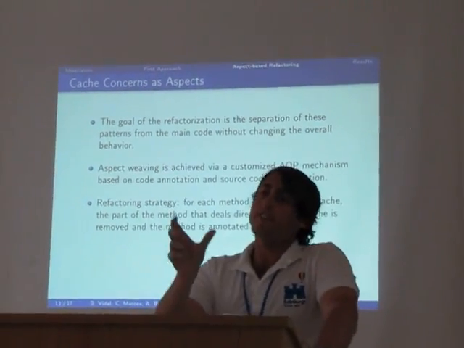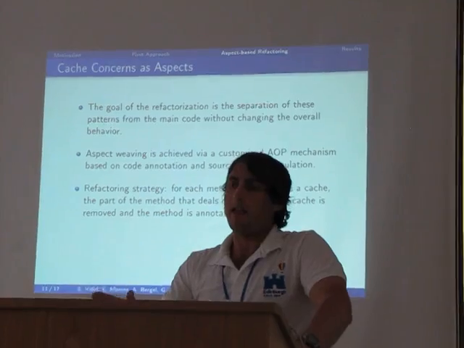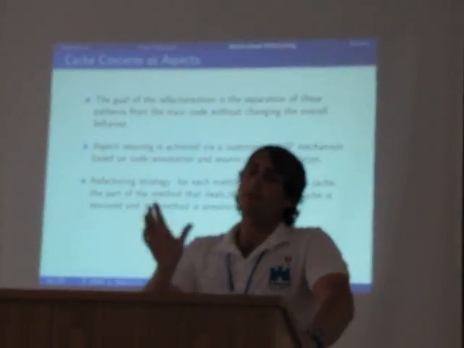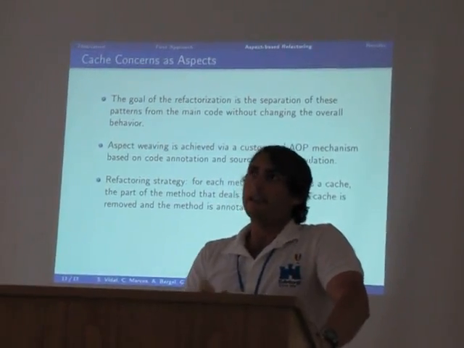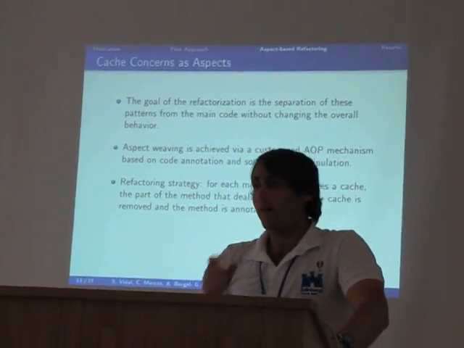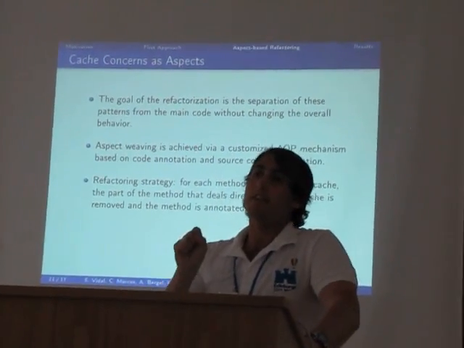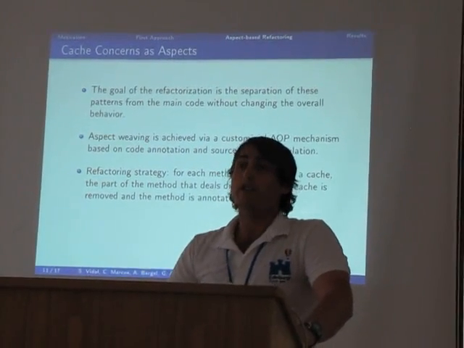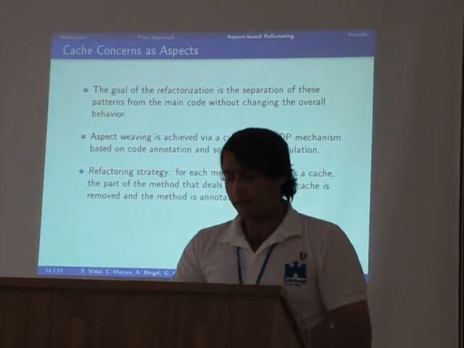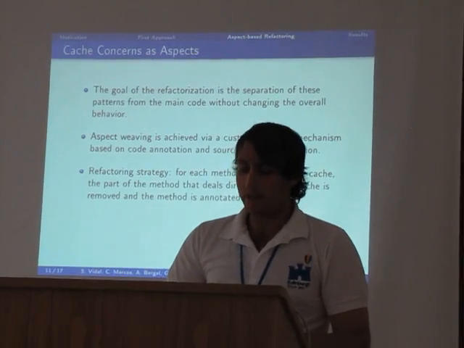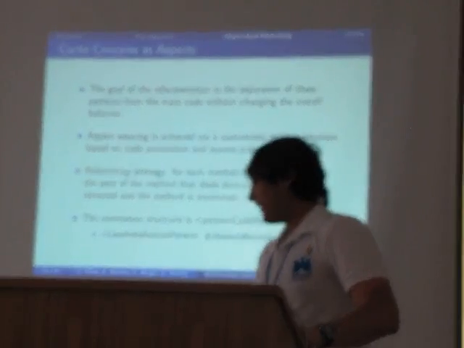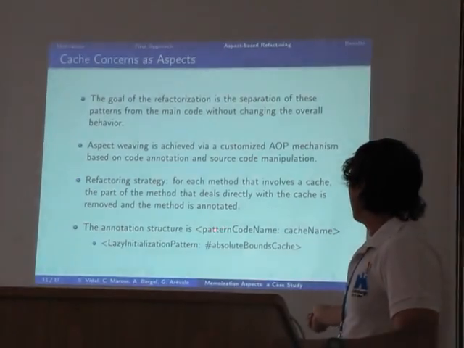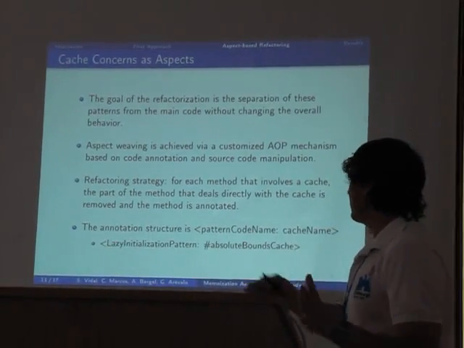So, for each method in which a fragment of code related with the cache variable was found, we extract the cache code and we annotate the method. The annotations are implemented with pragmas, and in this way the annotation has two parts.